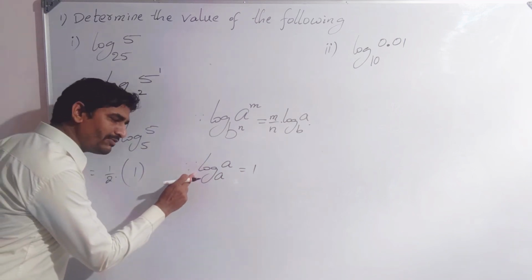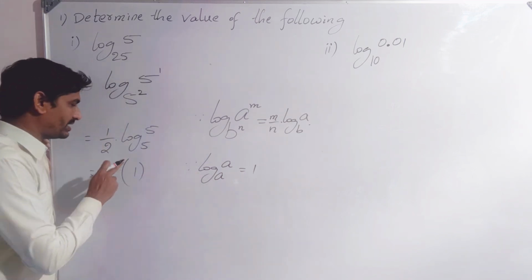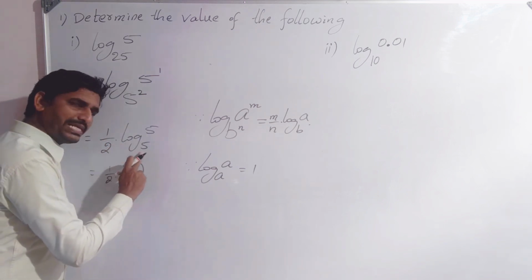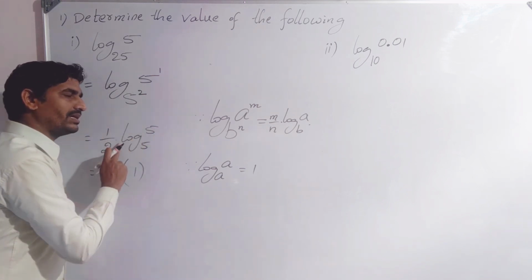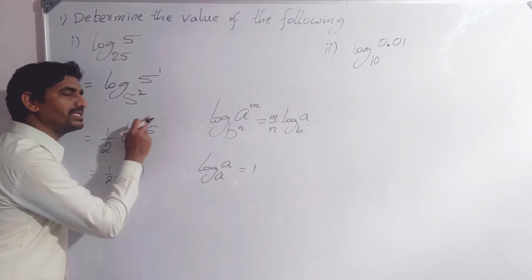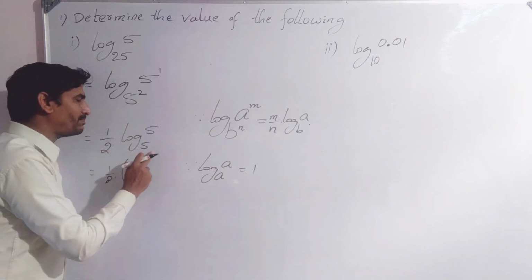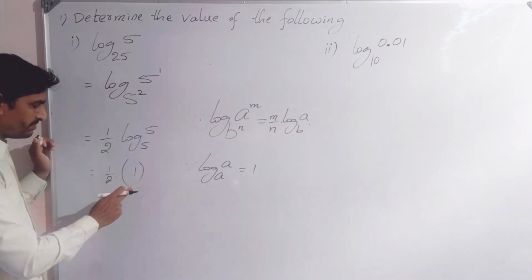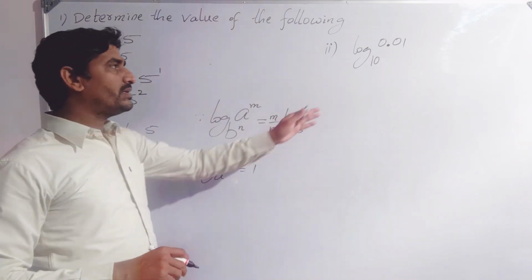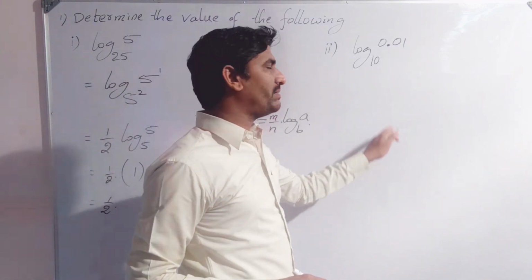Not log 1, the complete value of this expression is 1. So 1 by 2 ones are 1 by 2. This is the answer.